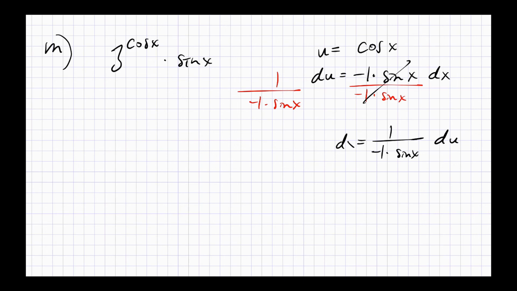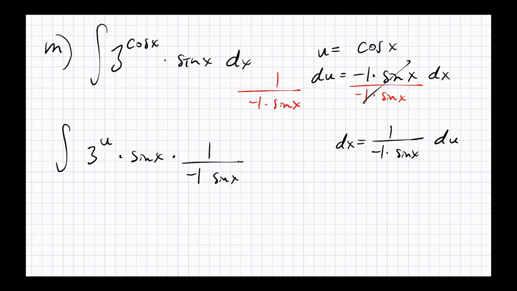So du dx. Okay, plug it back in. So we have 3u times sine of x. Okay, now let me plug in my dx. 1 over negative 1 sine of x du.